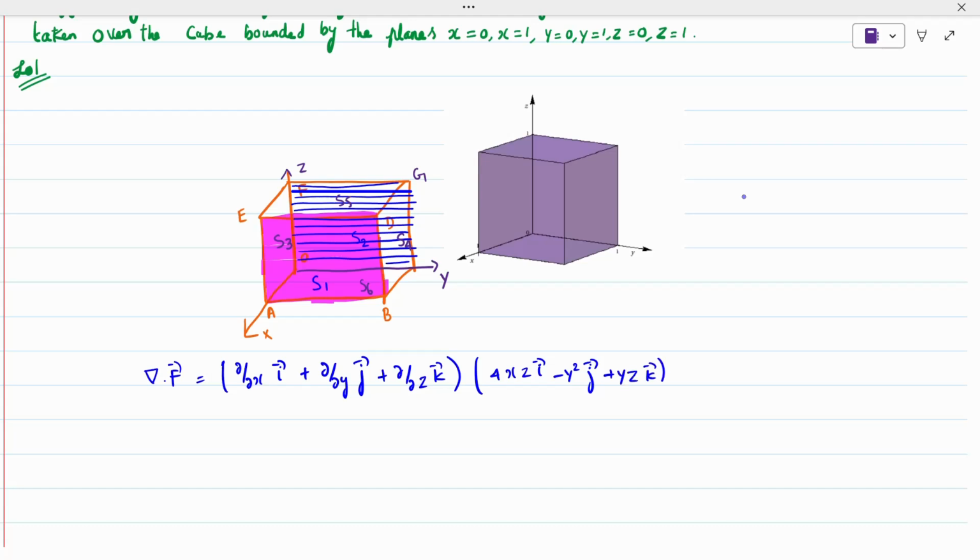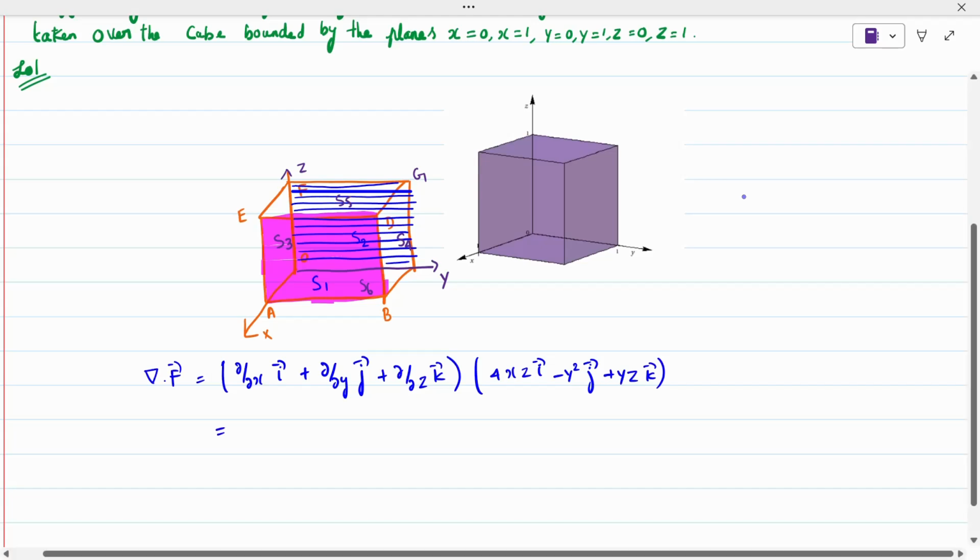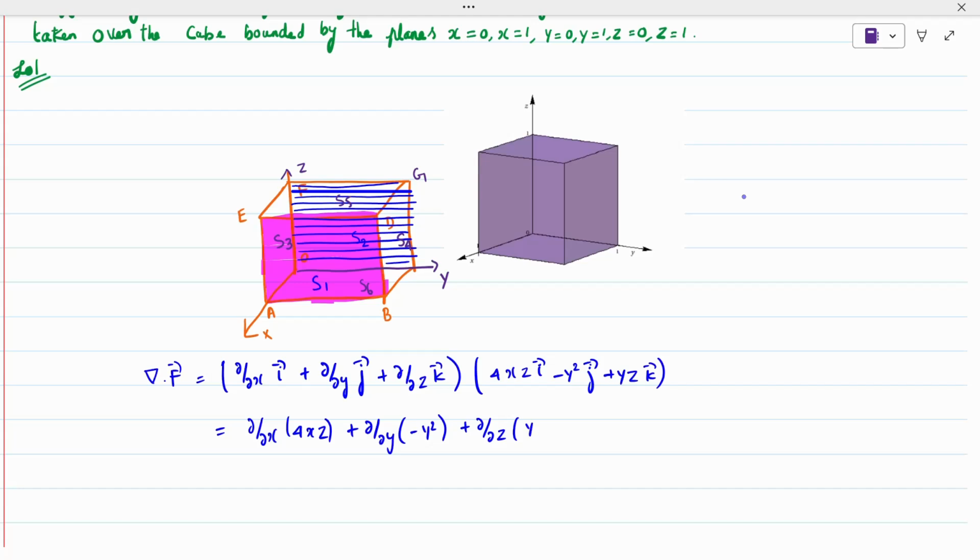We know that i vector into i vector is 1, j vector into j vector is 1, k vector into k vector is 1, so the remaining terms I cannot multiply. So it is nothing but dou by dou x of 4xz plus dou by dou y of minus y squared plus dou by dou z of yz.